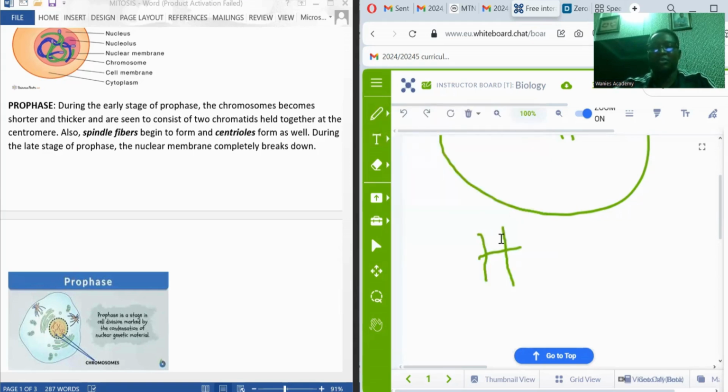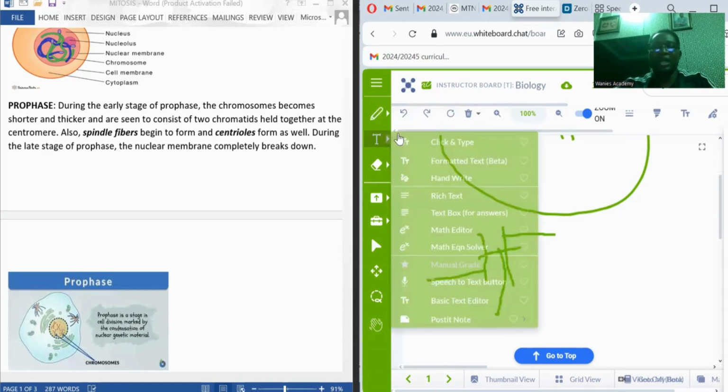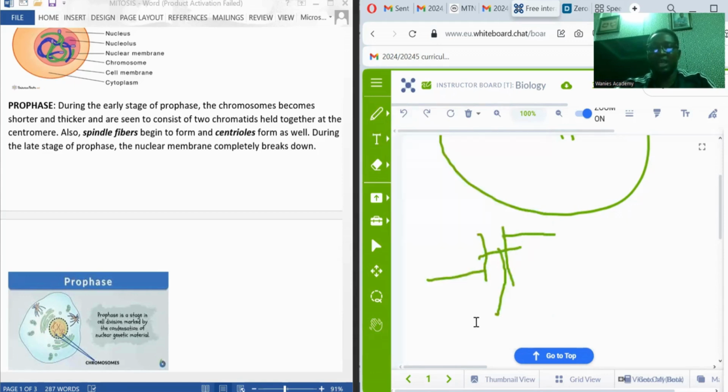Now, the chromosome is divided into 2 daughter cells known as chromatids. They are divided into 2 daughter cells known as what? Chromatids. And the chromatids are held together by a centromere. That's the centromere holding the chromosome.